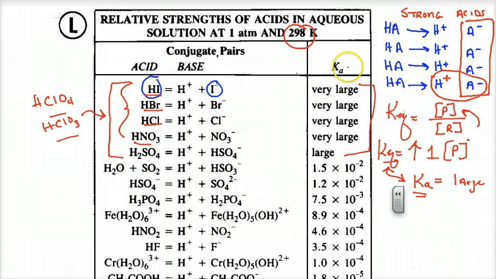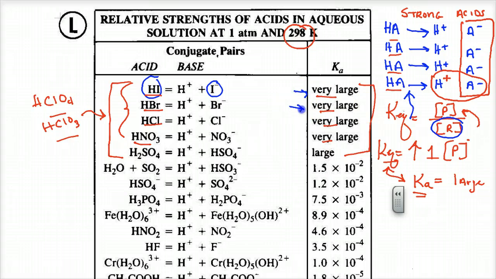In any case, their Kas, if you notice, have no number associated with them because they have such a high amount of dissociation, very little HA, that the number on the bottom is approaching 0. The amount of reactants in this process is almost approaching 0, which means this K is approaching infinity. So we don't really have a number.